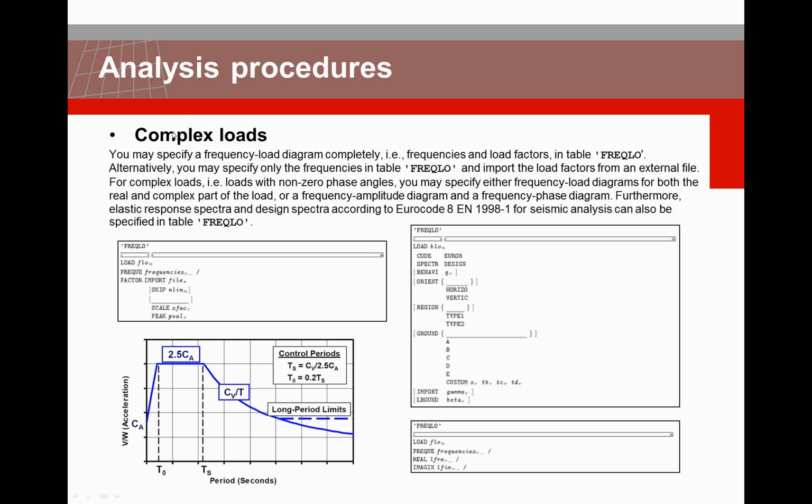We have made available the possibility to define complex loads. For example, if you have a large structure and you have an earthquake loading, you want to have the excitation on one part of the model, for example a column in a bridge, be applied with an out of phase aspect for different piles, because it takes some time for the excitation to move from one pile to another pile.